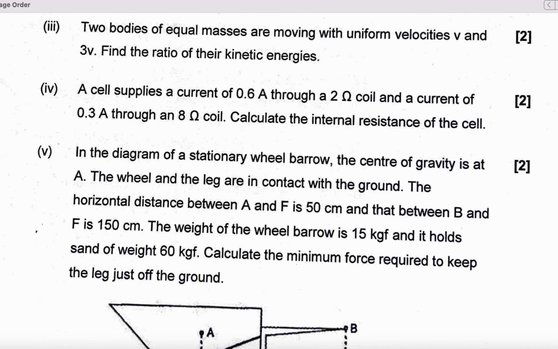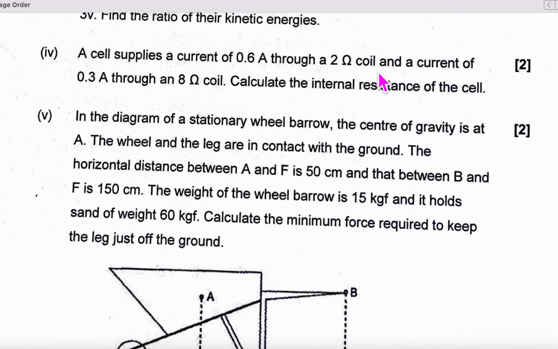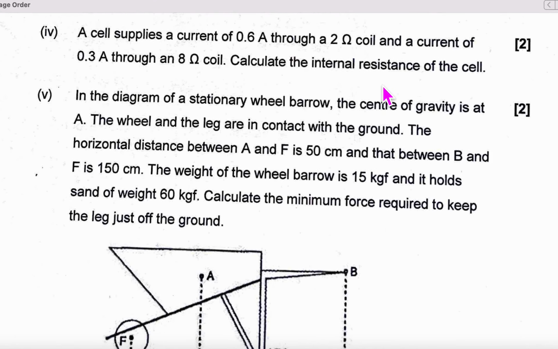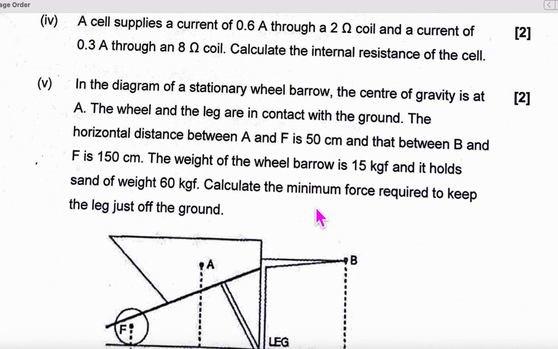A cell supplies current through a 2 ohm coil and through an 8 ohm coil. Calculate the internal resistance of the cell. There is a cell. Show the cell. It is going through 2 ohm and the current it supplies is 0.6 ampere.